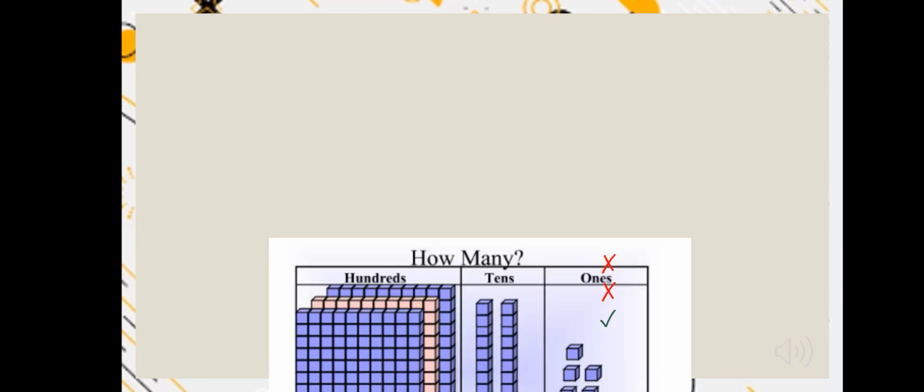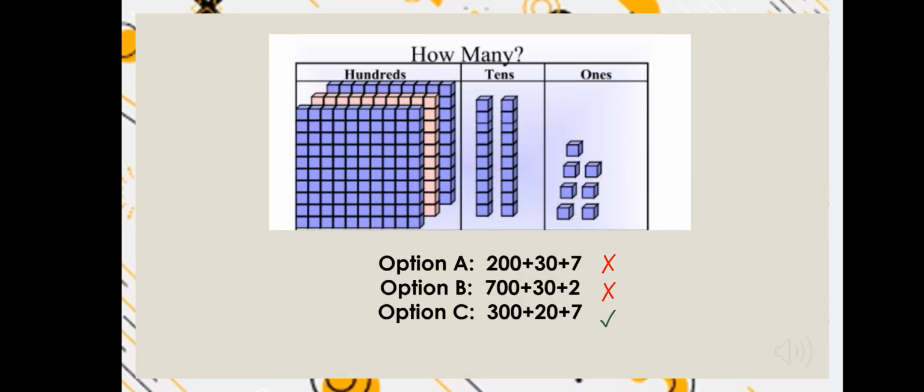Now let's solve this question together. How many blocks in total? Okay. So option A says 200 plus 30 plus 7. Option B says 700 plus 30 plus 2. And option C says 300 plus 20 plus 7. If you look at the column of ones and you count the blocks, in total they are 7 blocks.